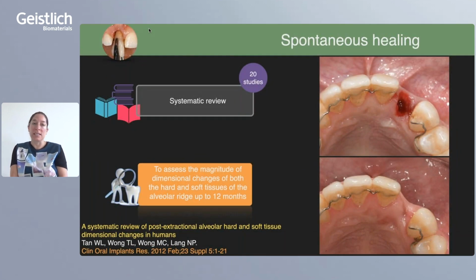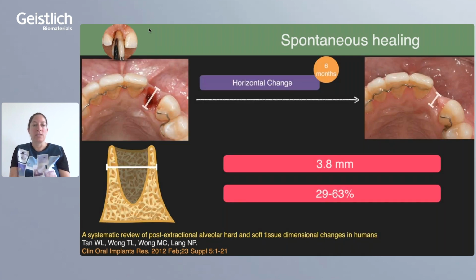When we look at spontaneous healing, and some groups have looked at this in humans, here we have a look at a systematic review, which included 20 different studies, and they have assessed the magnitude both in a horizontal and in a vertical dimension within single tooth sites, and have followed these patients for 12 months. So what is going to happen on horizontal change?